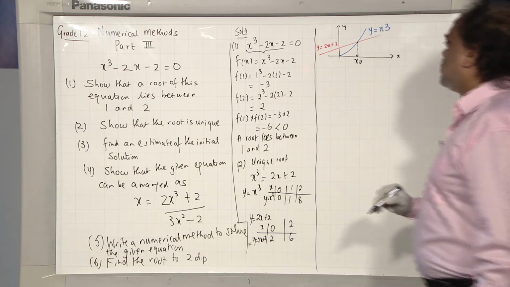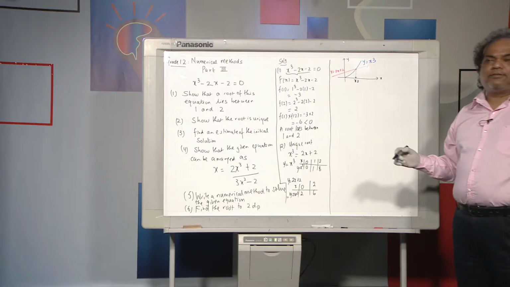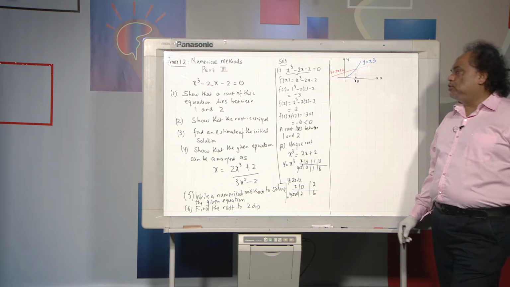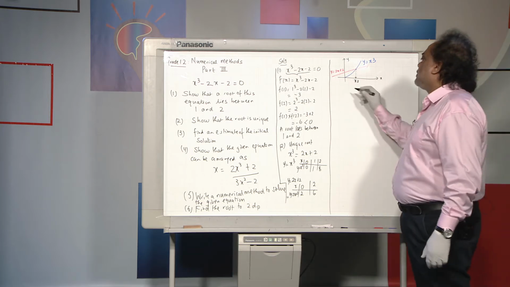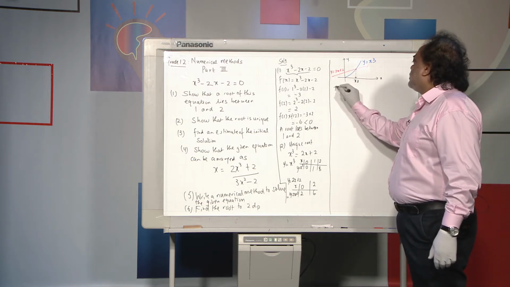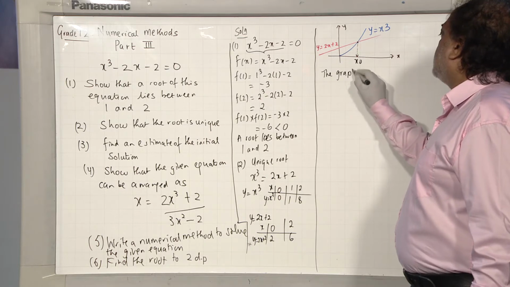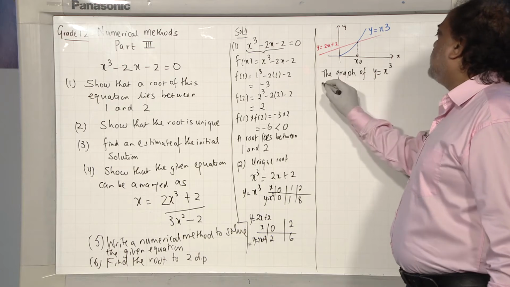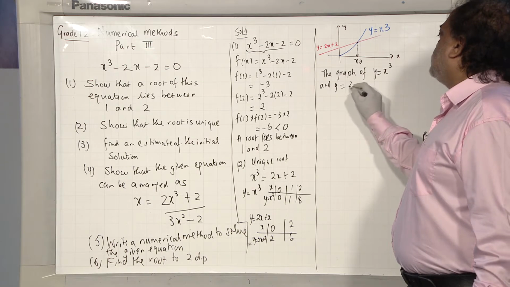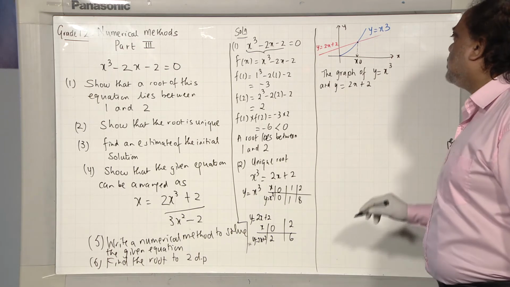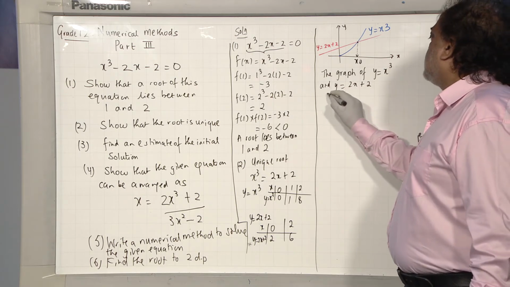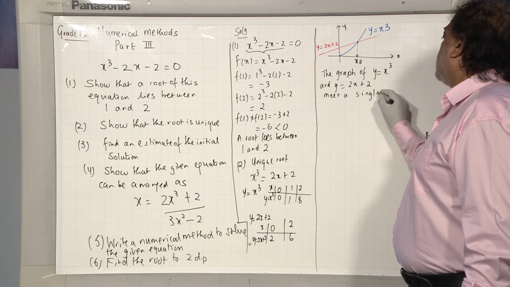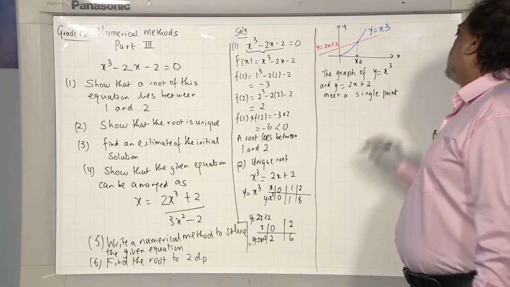We can take this to be x naught. Unfortunately, your graph is not accurate enough to be able to read the value of x naught. So, here, the graph of y is equal to x cubed and y is equal to 2x plus 2 meet at a single point.